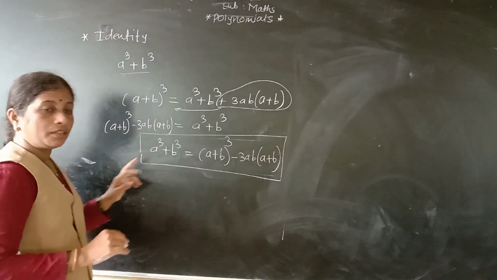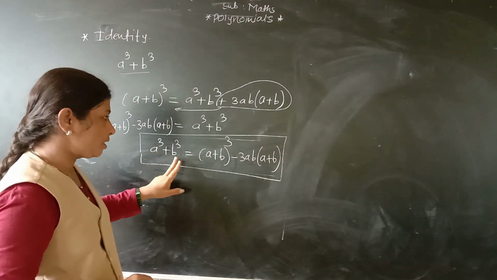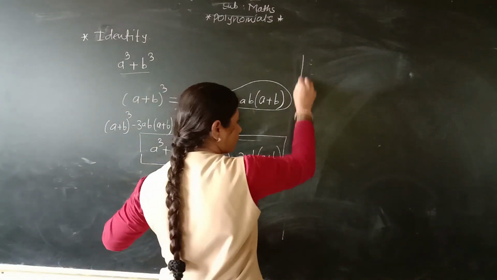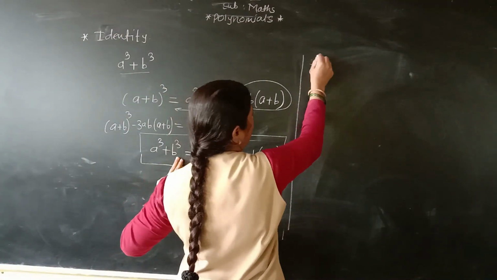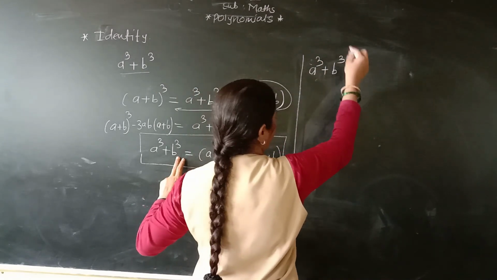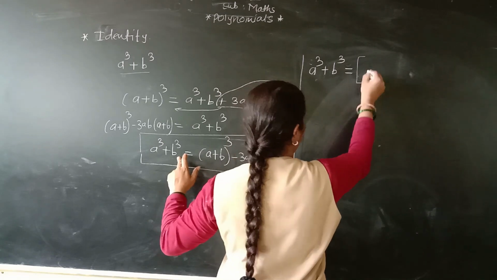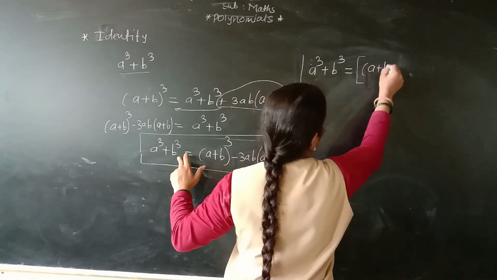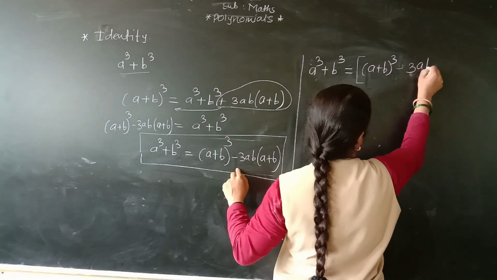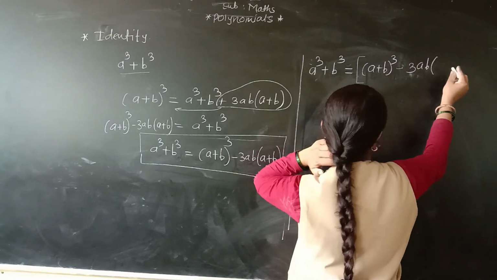Now we will see a cube plus b cube having a different expansion. We will use the same one and find a different expansion for a cube plus b cube. So (a plus b) bracket cube minus 3ab in bracket a plus b.